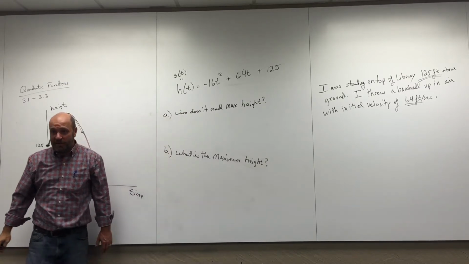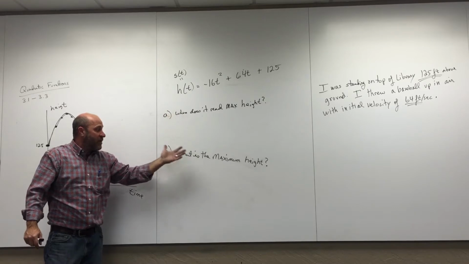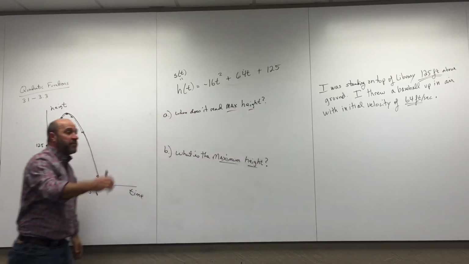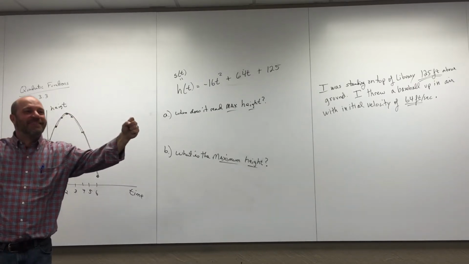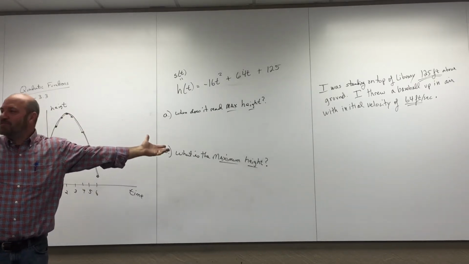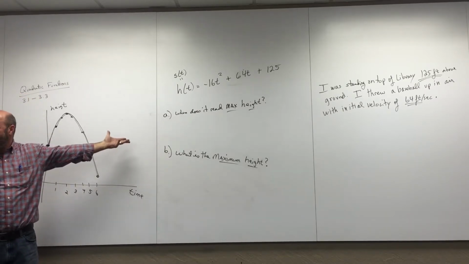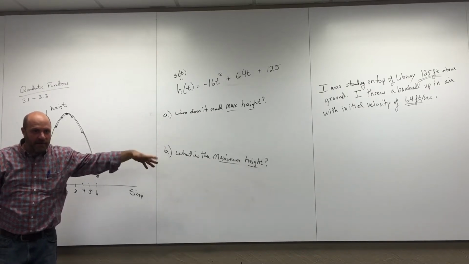This is totally easy. When I ask for max height, or when does it reach max height, or what is max height, when you think of maximum height and you're thinking of a parabola, what are you thinking about? The vertex. Beautiful. I mean, this is just me asking about the vertex again, isn't it? That's all it is.